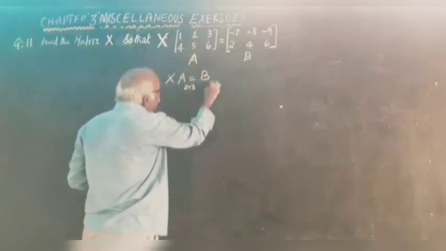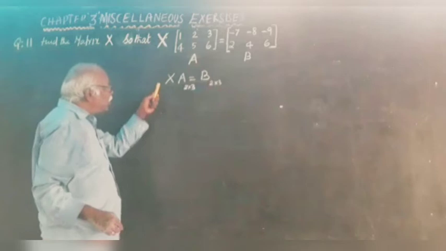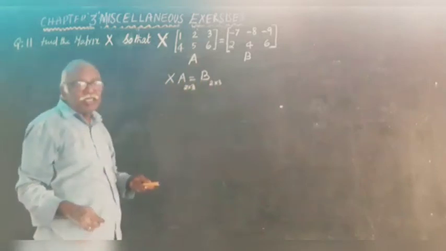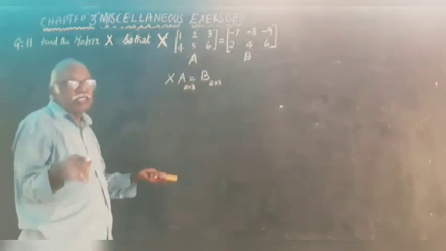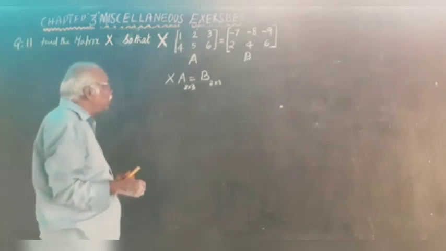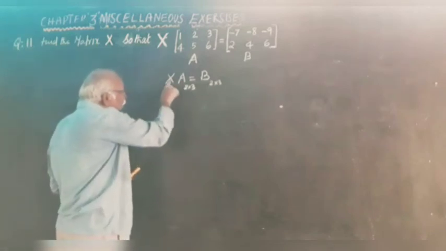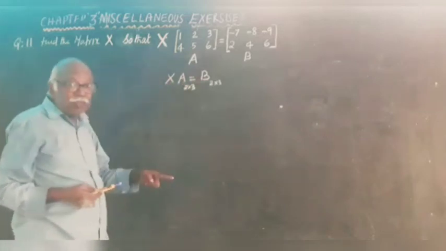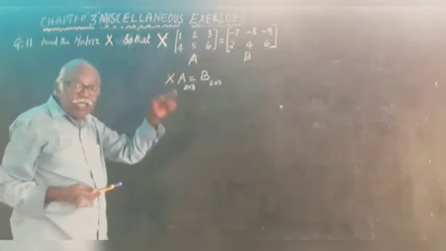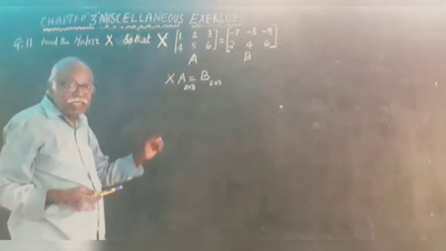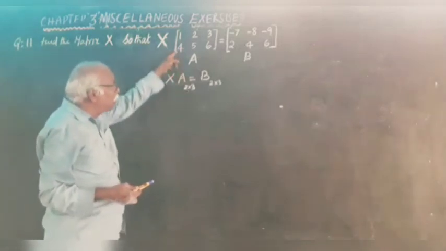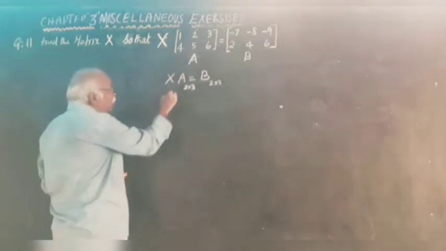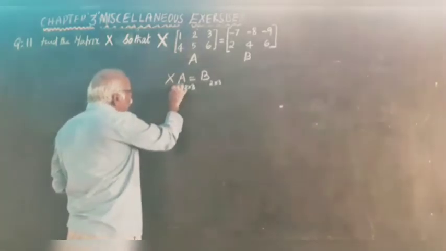A is of order 2 by 3, 2 rows and 3 columns. B is of order 2 by 3. Now, X matrix into A matrix is equal to B matrix, but we don't know the order of the matrix X. If X into A is conformable, the number of columns in the matrix X must be equal to the number of rows in the matrix A. Since the number of rows in the matrix A is 2, the number of columns in the matrix X is also 2.